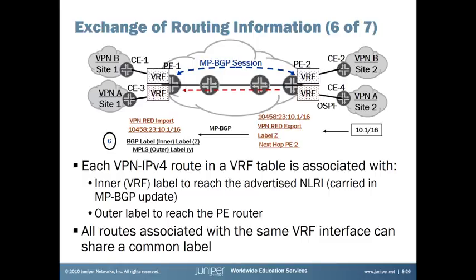So the outer label is pushed at the ingress router, swapped across the P routers, popped at the penultimate router, we'll get into this shortly, and voila, the packet arrives at the end with that original label value that was put on by the originating VRF. Just follow this through and see how it works. So all routes associated with the same VRF interface can share a common label.